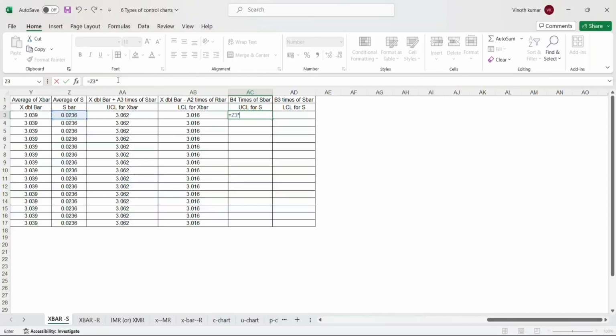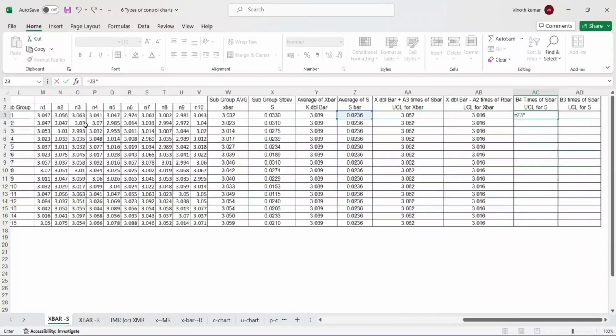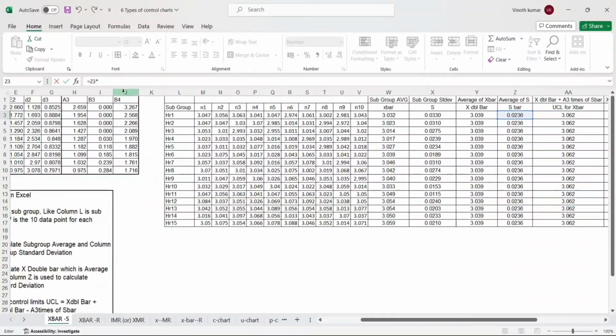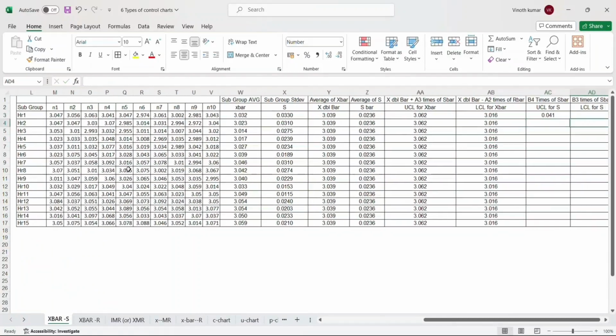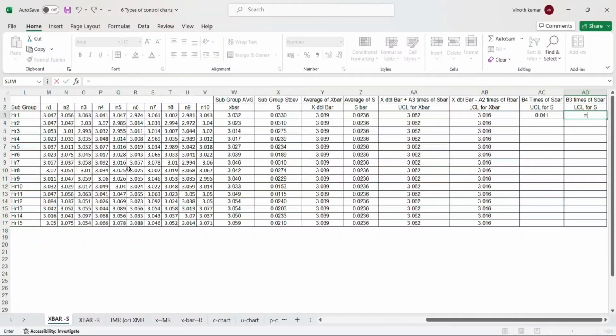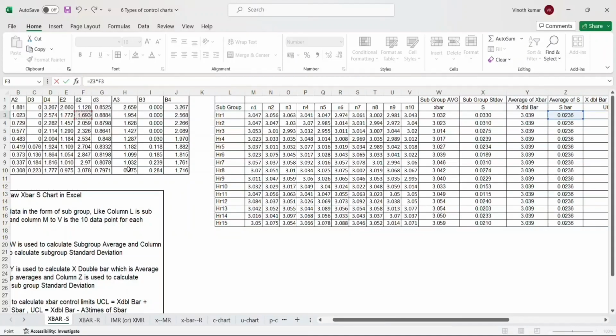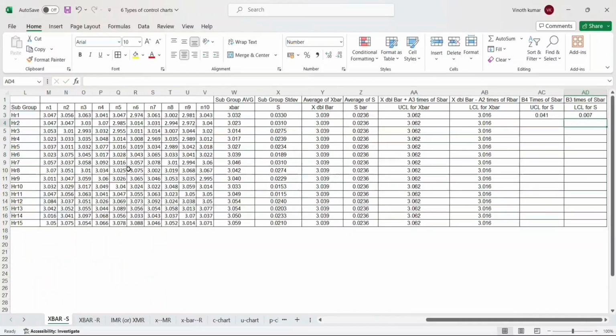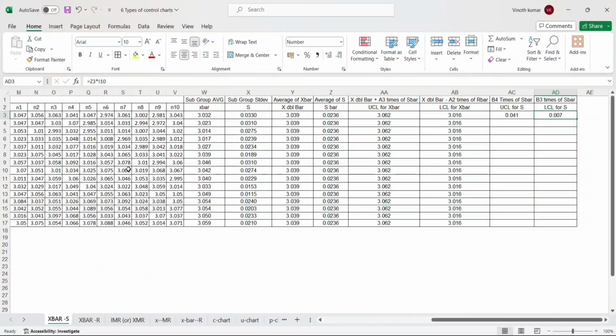So B4 times my S bar. Here I have B4 for n equal to 10. So B4 times my S bar, and this value will be B3 times S bar. So I select S bar, multiplication, I select B3 with n equal to 10. Friends, let me make it very clear.